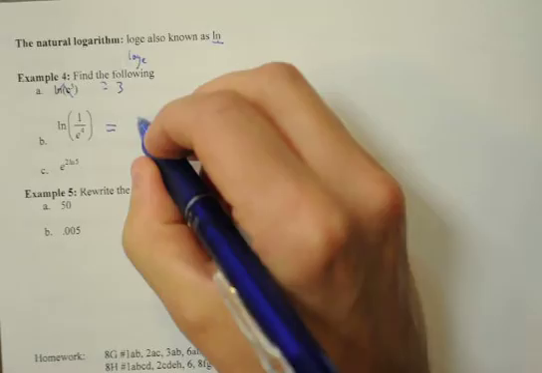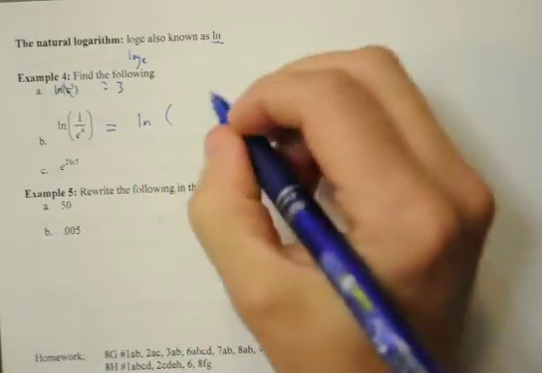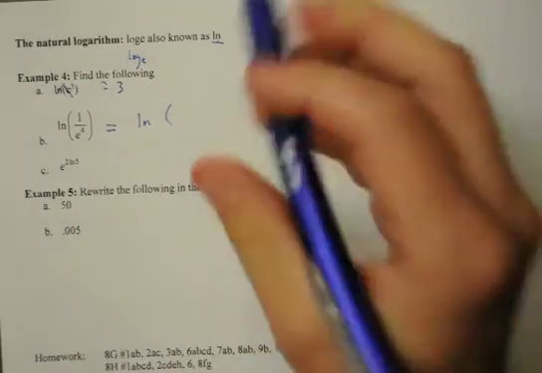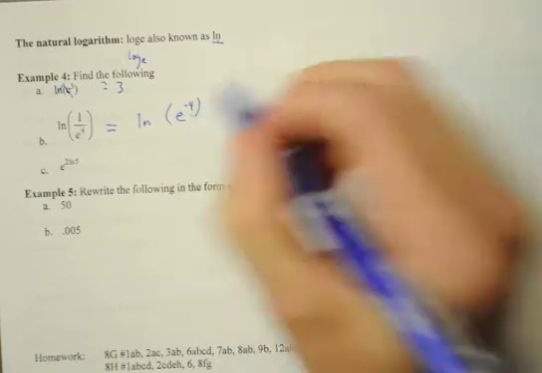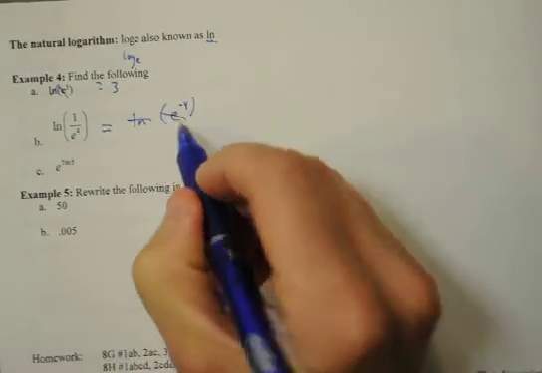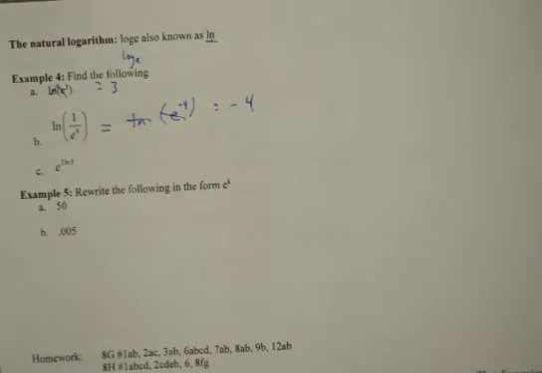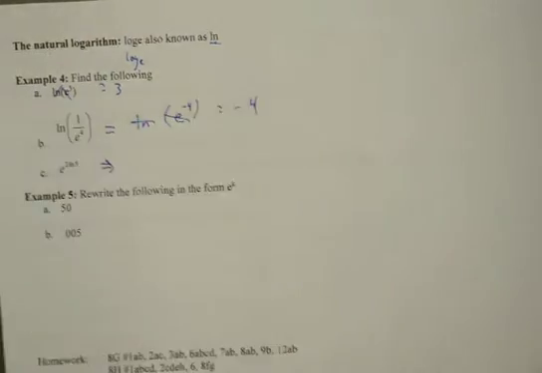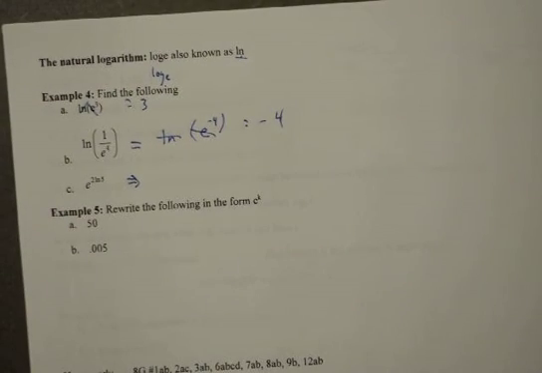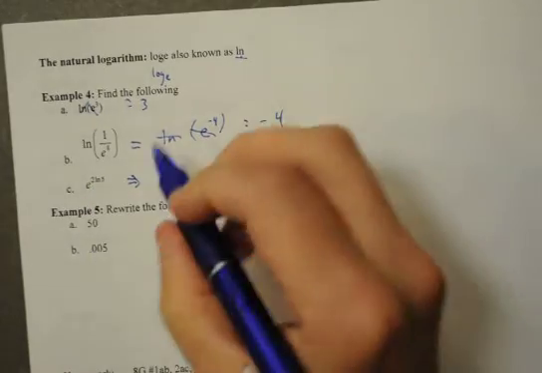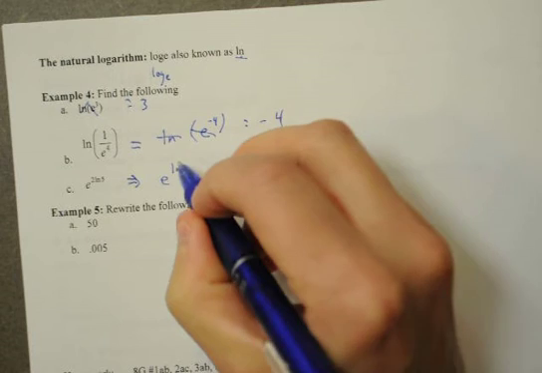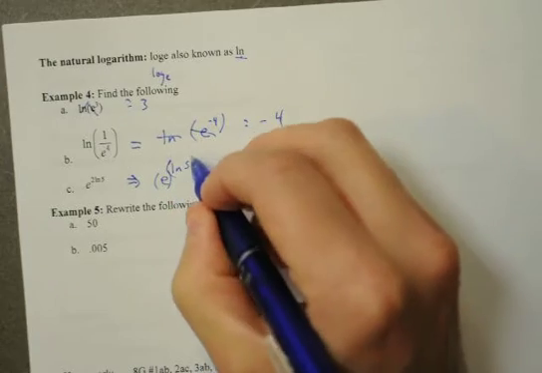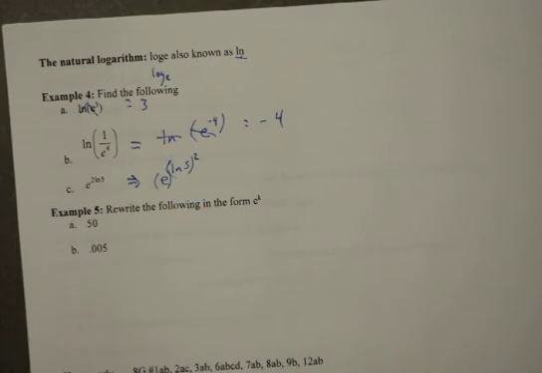Next, we can rewrite this using our exponent laws. We can take this e to the 4th on the bottom and move it to the top. And when you move things from bottom to top, the exponent changes sign. So that's just negative 4. And then in this case, we can think of this as e to the natural log of 5, all squared.